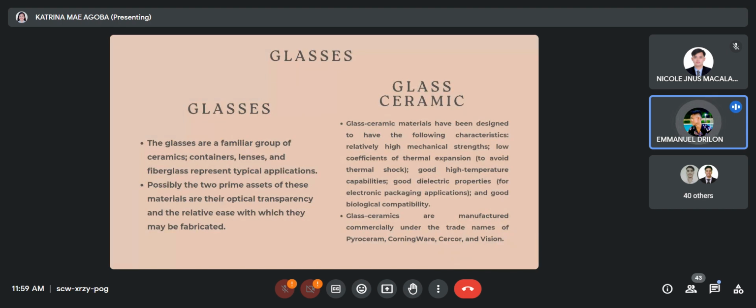So, ang unang classification ng ceramics ay itong glasses. So, the glasses are a familiar group of ceramics, containers, lenses, and fiberglass represents typical applications. Possibly the two prime assets of this material are their optical transparency and the relative ease with which they may be fabricated.